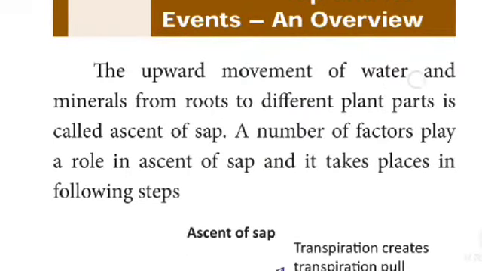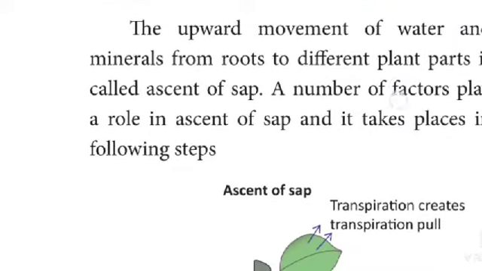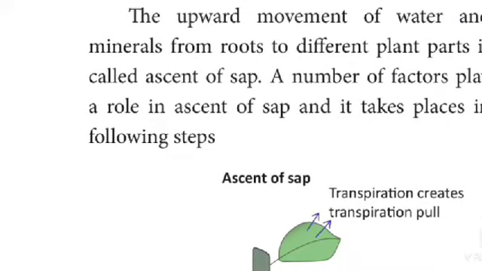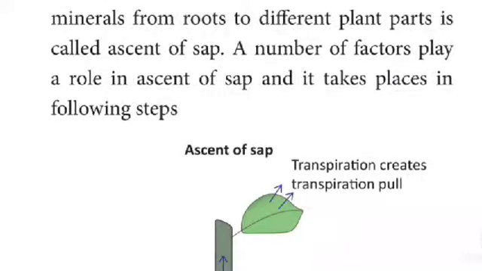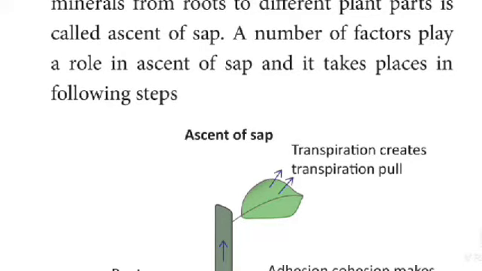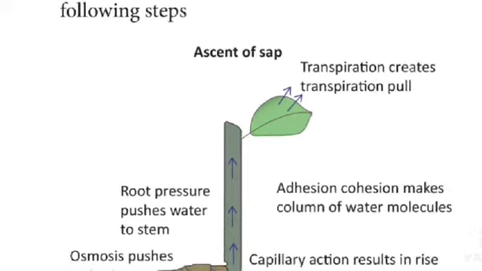The upward movement of water and minerals from roots to different plant parts is called ascent of sap. A number of factors play a role in ascent of sap and it takes place in the following steps.